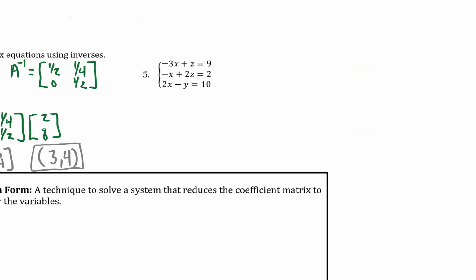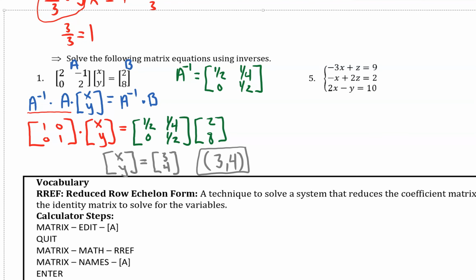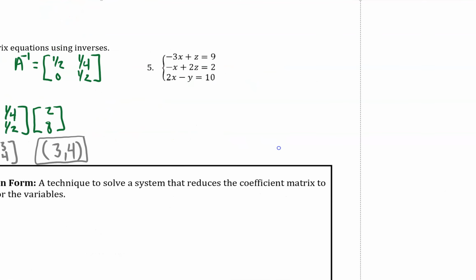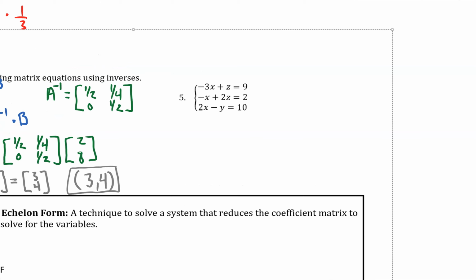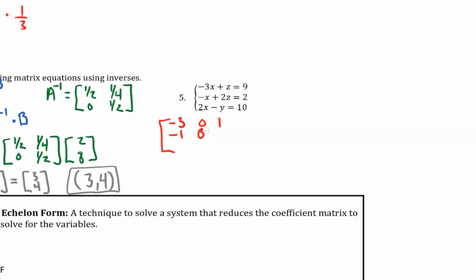First of all, it's a little different because they're not just giving you the matrices. Now you have to create your own matrices, but that shouldn't really be anything in terms of how we do that. We'll just start with this first thing right here that's saying, first one's going to say -3 for the x, there's no y, and then z is 1. And then for the second one, we're going to say -1 for the x, and 0 for the y again, and 2 for this one.